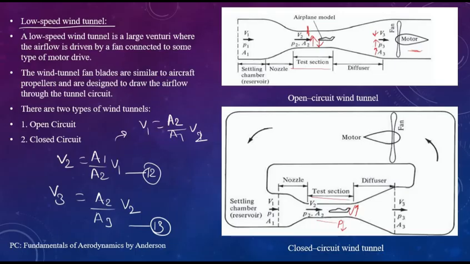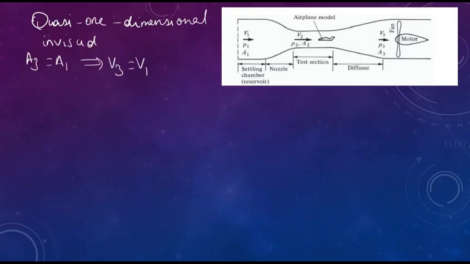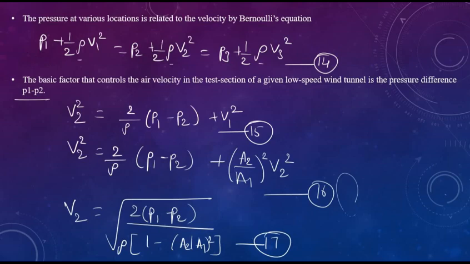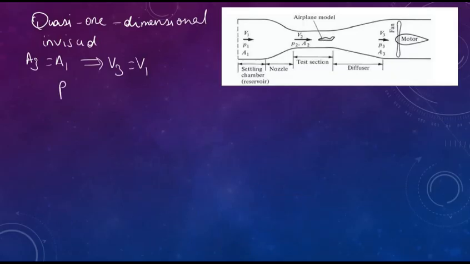We get V3 is equal to V2, and ultimately V2 would be equal to V1, which means V3 would be equal to V1. If V3 is equal to V1, then from equation 14 we observe that P3 would be equal to P1. That is, the pressure at the exit is equal to pressure at the inlet, which means there is no pressure difference in the entire circuit.